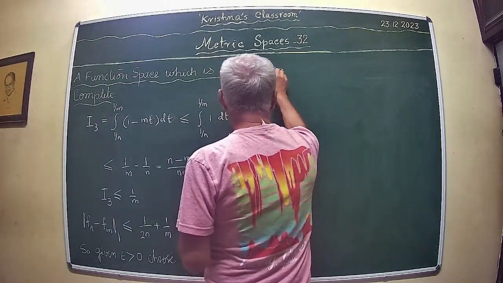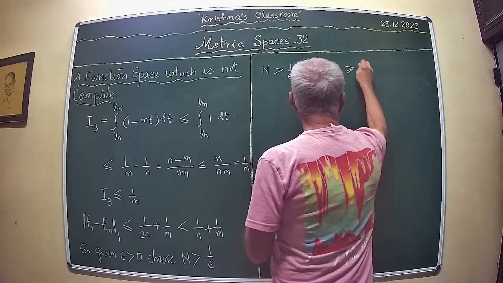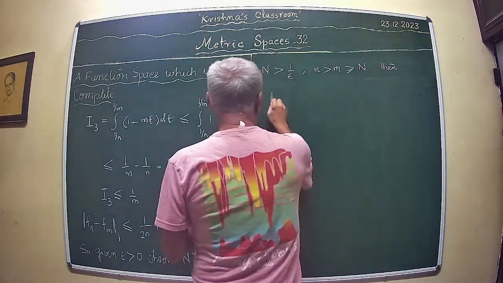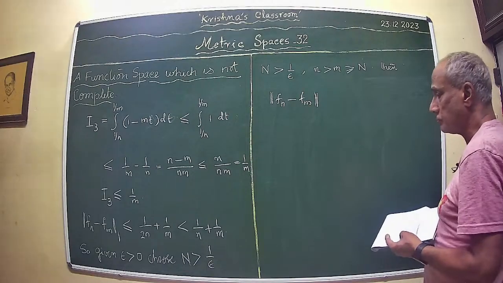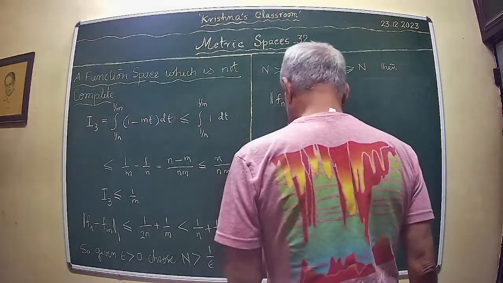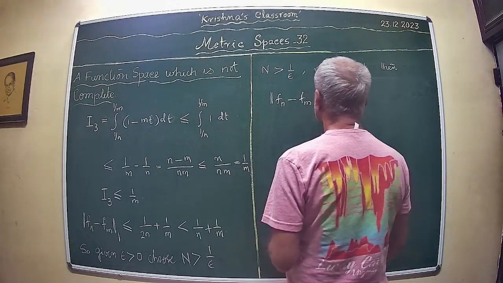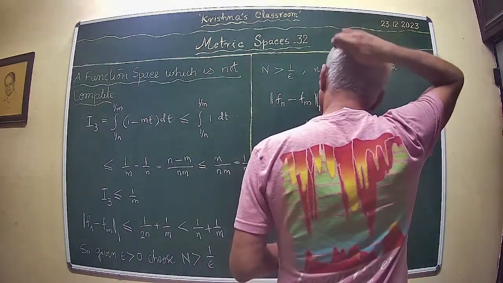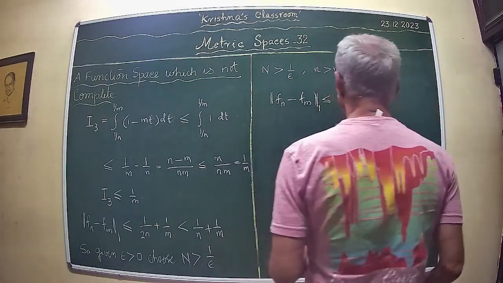So N is greater than 1 upon epsilon, and choose n greater than m greater than or equal to N, then the norm of Fn minus Fm is less than or equal to epsilon.